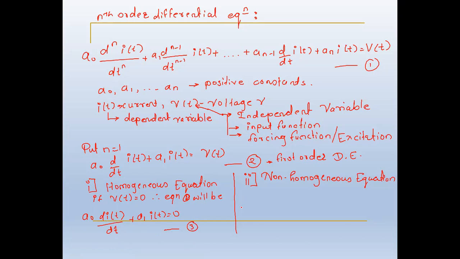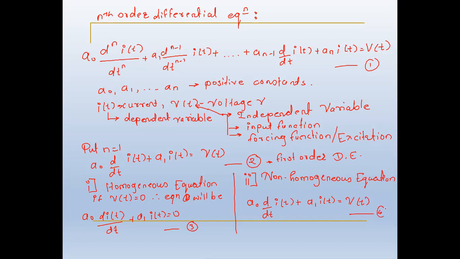Now what about the non-homogeneous equation? If the differential equation contains an independent variable, then it is called the non-homogeneous equation. So here it will be a0 d/dt of i(t) plus a1 i(t) is equal to v(t).